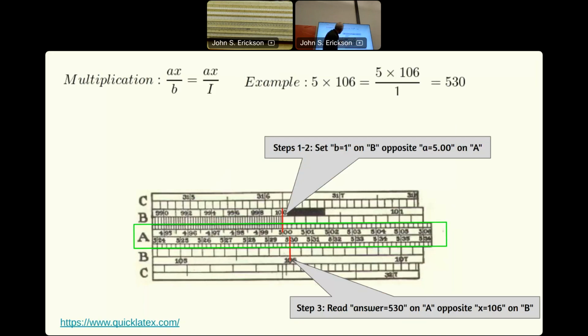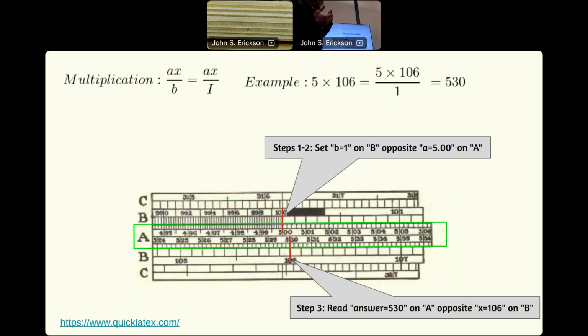You position that, and then you look for the number you're going to multiply by on another B scale, which is 106. It could be just rotating it around. Here, it's close by, and you see that the result is 530 or 5,300 or whatever. It depends on what you're doing. So you have to kind of decipher his 1880s way of saying it.